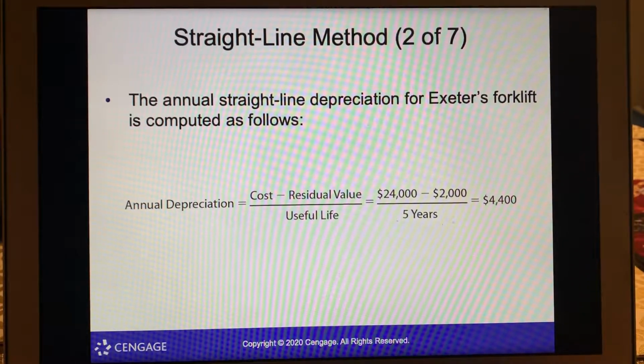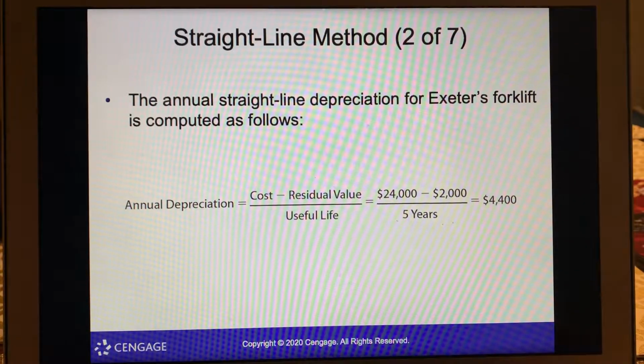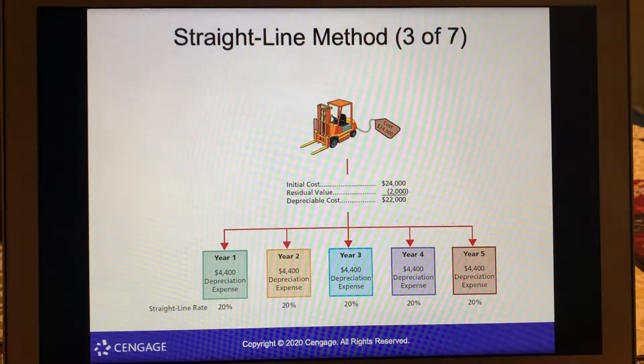Here's what I'm talking about. 24,000 minus 2,000 divided by 5, so 4,400 for each of the 5 years. Here's what straight line looks at. It's 20%, 20%, 20% each year. Basically, it's an average. That's why I said average, but it's referred to as the straight line rate.